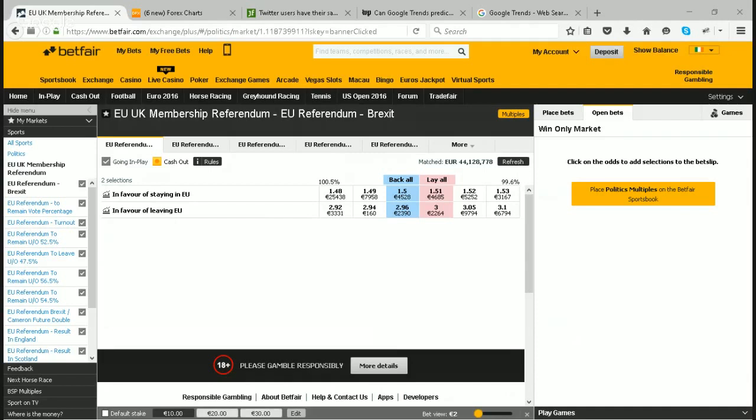Now, looking at this, it looks like recently we're in a downtrend. People were very confident it was going to be a yes. Then it started to really drift down. So if you invert the odds, you can get the percentage probability of the yes happening.